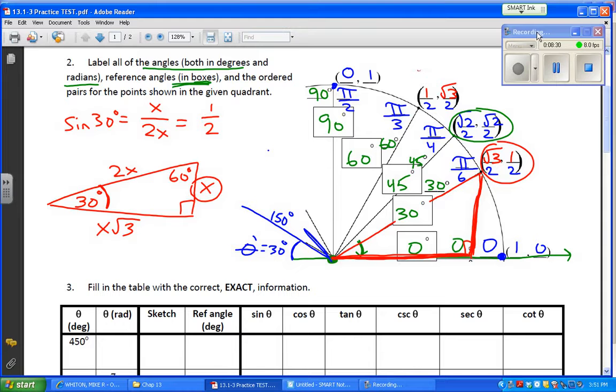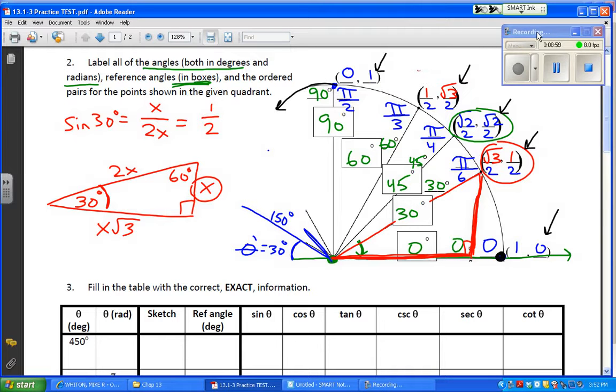Now the other pattern that I think can be quite helpful too is the counting thing, when I talk about counting from 0 to 4. Basically down here, let me get a different color, let's go with the black marker. When you start out at 0 degrees down here, if we look at the y values, it starts at 0, and we work our way up and get bigger and bigger, and then eventually as you go around the circle they'll start to decrease, but the y values are getting bigger.